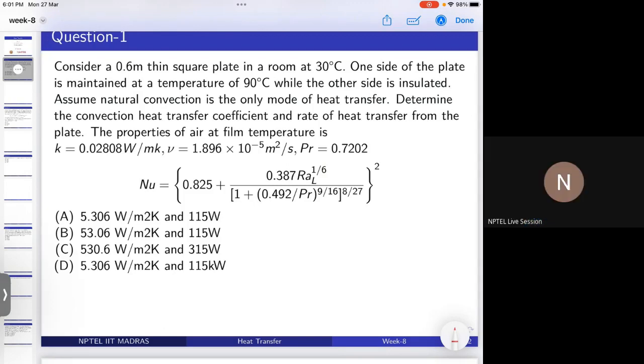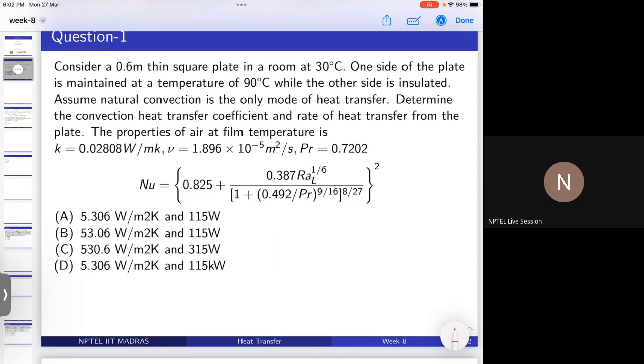In this we have a 0.6 meter thin square plate in a room at 30 degrees Celsius, so the ambient temperature is 30. One side of the plate is maintained at a temperature of 90 degrees Celsius, while the other side is insulated, which means the plate surface temperature is 90 degrees Celsius.